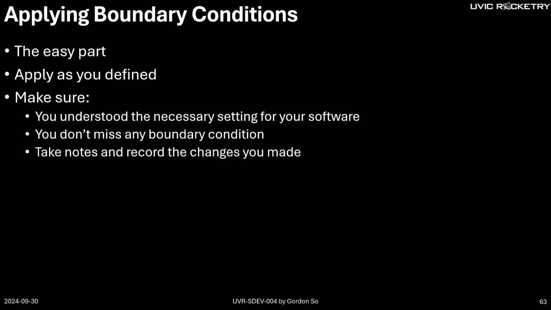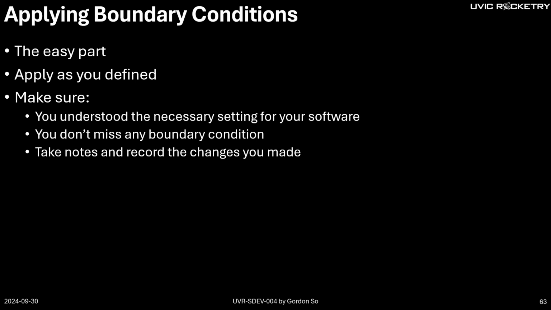Applying boundary conditions. This is actually the easiest part because you just click, put numbers in, and then apply as you define. However, this is also error prone because it's just manual typing. So make sure you know what kind of setting your software requires. For example, ANSYS Fluent has its set of requirements, CFX has different ones, OpenFOAM has its own thing.